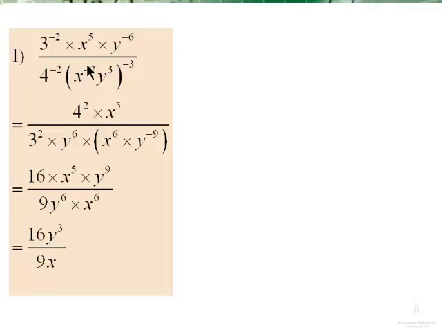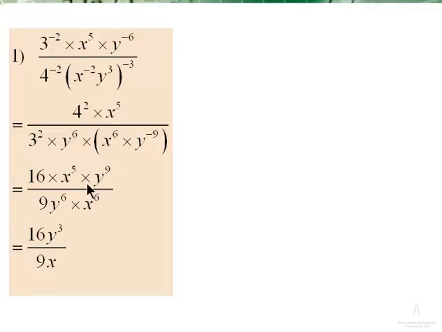So you get x to the power minus 2 times minus 3, which is x to the power 6, and y to the power 3 times minus 3, which is y to the power minus 9. So now there is still the y to the power minus 9, which I will move to the top, where it will become y to the power 9.